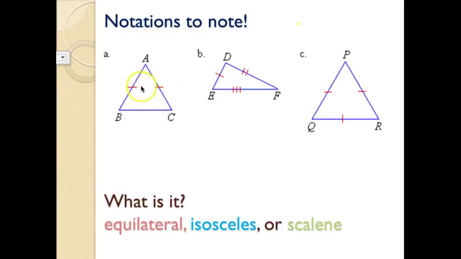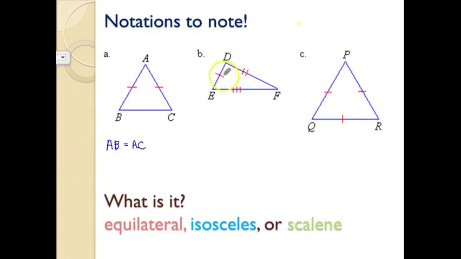Well, that means that those sides have the same length. They are congruent. So because there's one tick here and one tick here, it's telling us that the length of AB is equal to the length of AC. There is not a tick on BC, so that side length would not have the same measurement as the other two legs of that triangle.